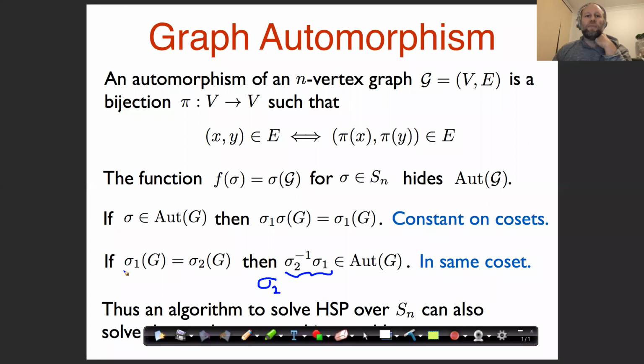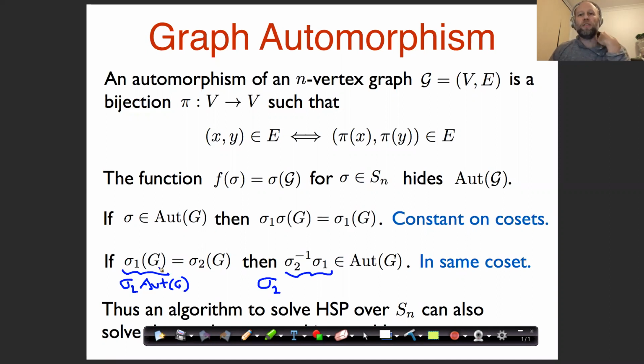So that actually means that this here is in the coset sigma 2 times Aut(G), okay? And of course, sigma 2 is also in the same coset, right? Because the automorphism group of G contains the identity. So these two things are in the same coset.